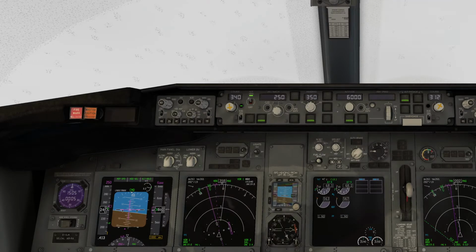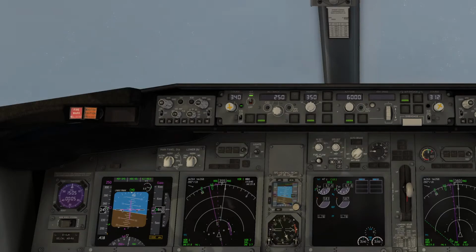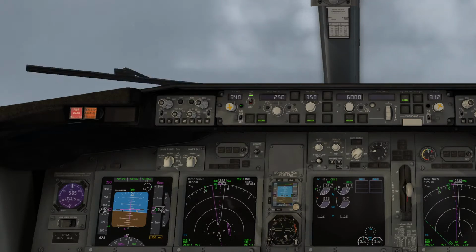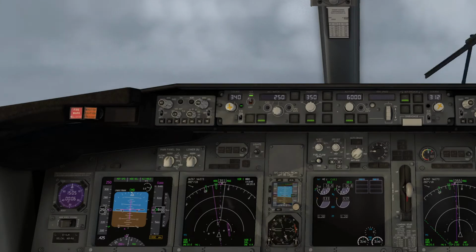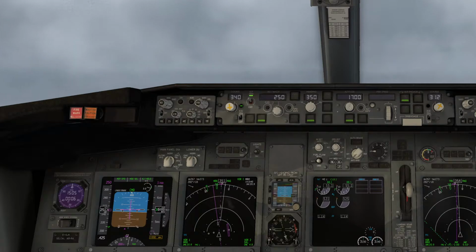Continue left turn to 350 to catch up. So the next waypoint will be Sierra Alpha Uniform Romeo Golf. And we can climb now to flight level 310.